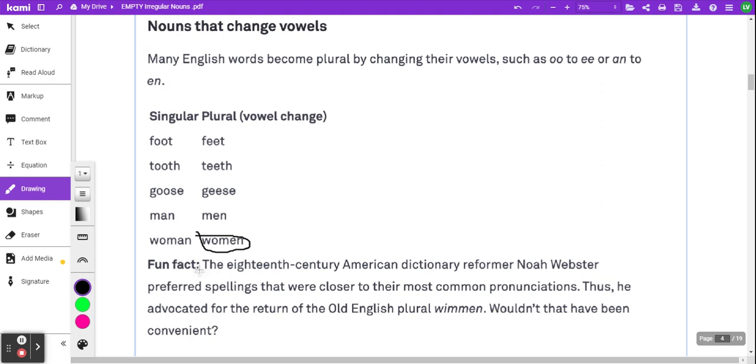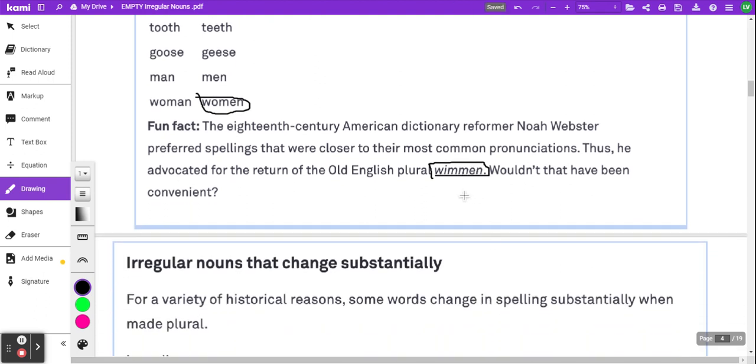So aquí están diciendo, the 18th century American dictionary preferred spellings closer to the most common pronunciation, thus advocated the return of Old English. Mira aquí dice. So esta vez aquí, ¿ves esta palabra aquí? Right there. Esa era cómo se escribía women anteriormente. So en inglés viejo, Old English. Pero cambiaron cómo se escribe, pero se pronuncia todavía de la misma manera. So, mira, ahí te están diciendo.